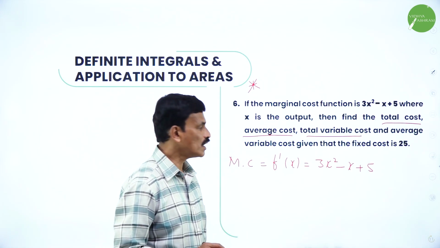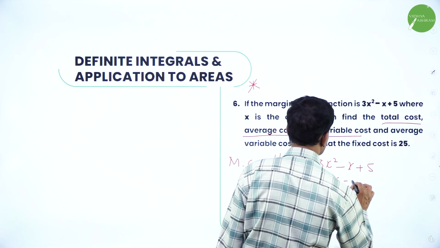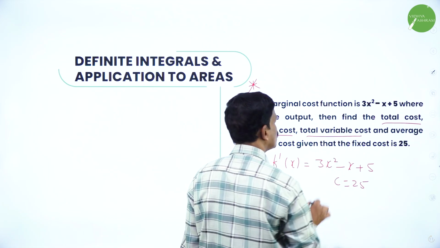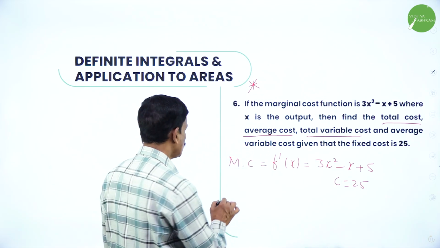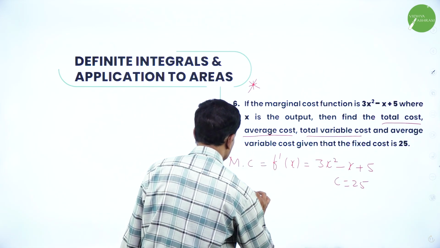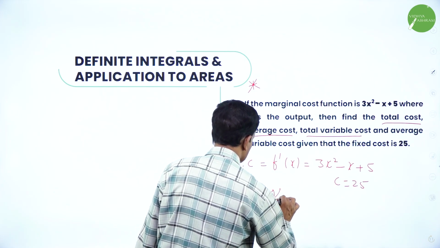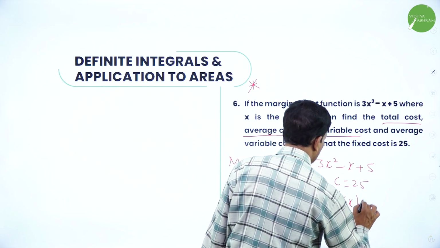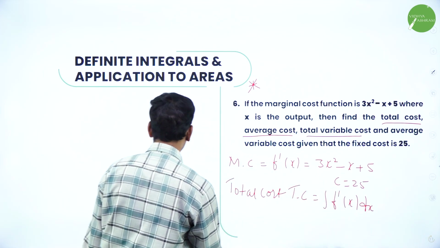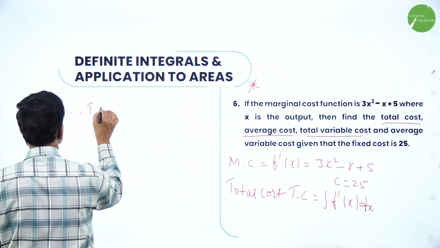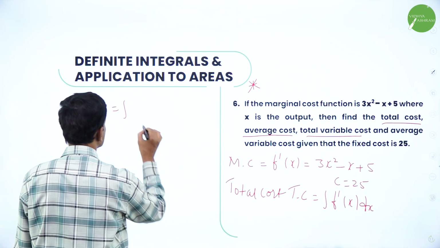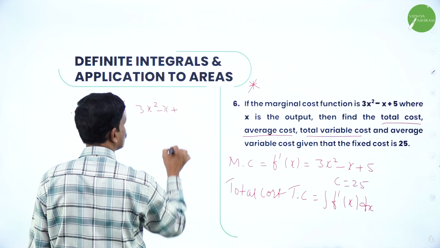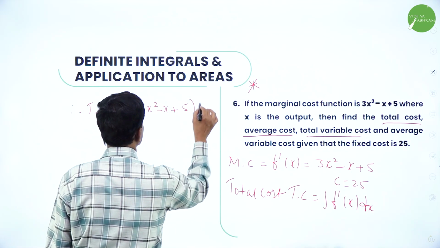And the fixed cost is given: C is equal to 25. Where x is the output, find the total cost first, TC. The total cost is equal to the integral of f dash of x dx, that is the integral of 3x square minus x plus 5 dx.